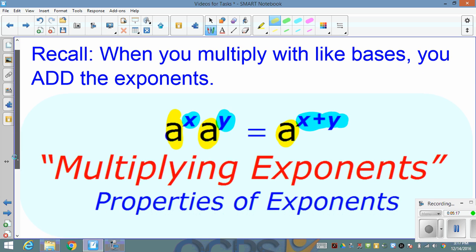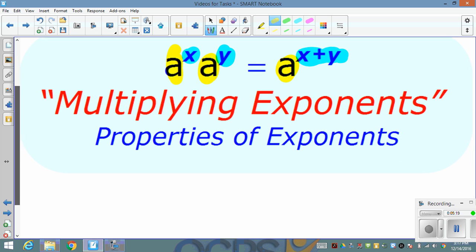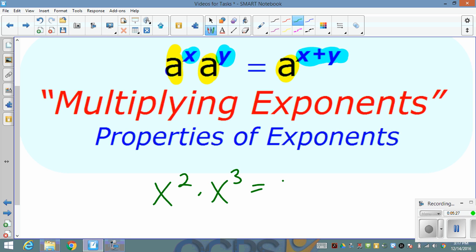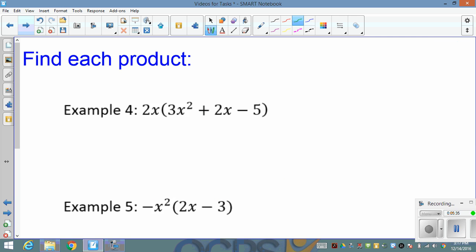So a very simple example before we move on to more complicated ones. If I have x squared times x cubed, my bases are the same, so it stays in x. 2 plus 3 is 5. We are going to need that for our last few examples.